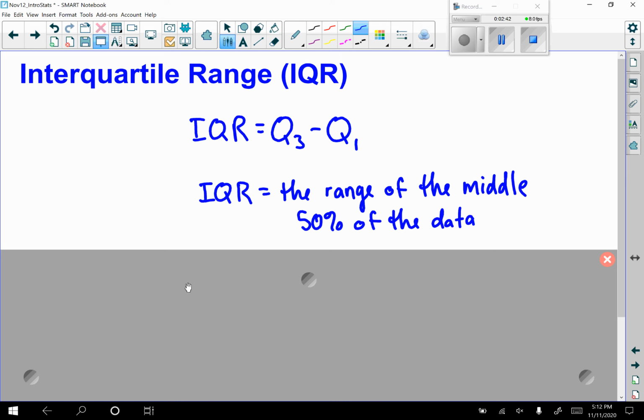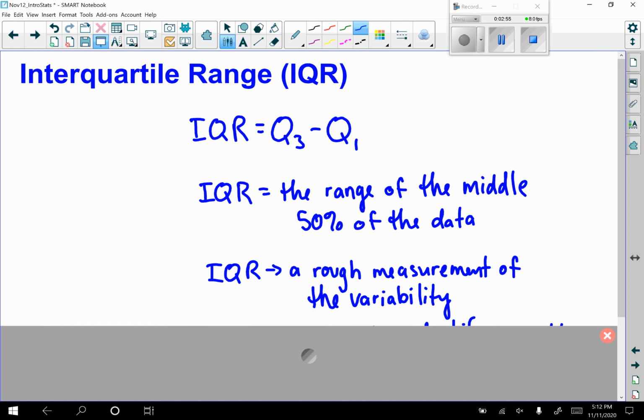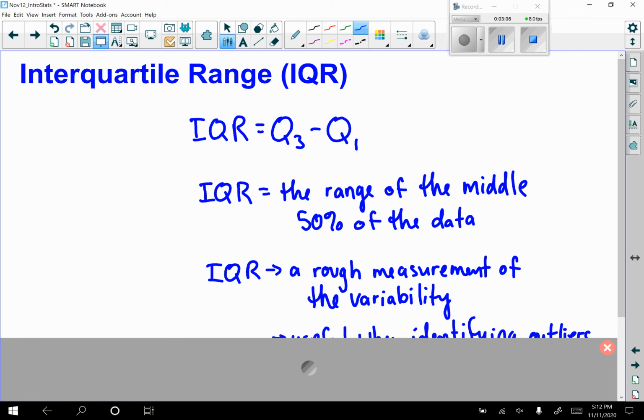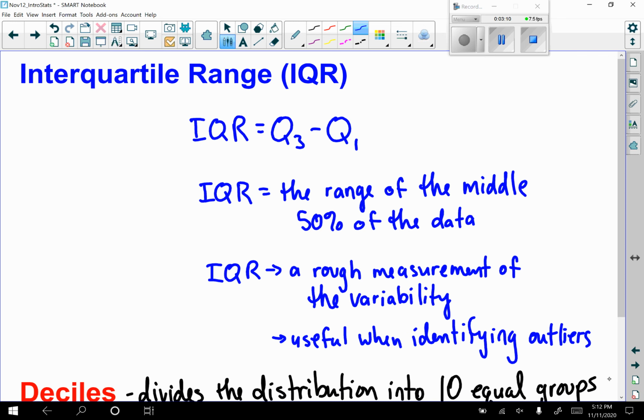What it shows is the range of the middle 50% of the data. It's a rough estimate of the variability. And it's very useful when identifying outliers.